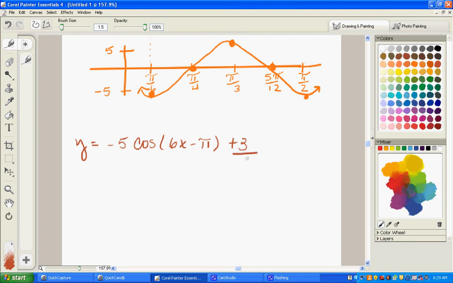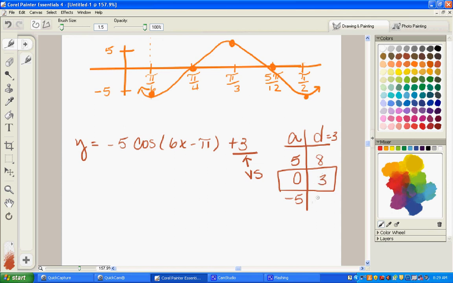What this +3 does is it gives us the vertical shift. If we know on the y-axis that our amplitude told us to use 5, 0, and -5, and of course we don't label the 0 because it's just the x-axis, then our vertical shift of 3 is going to have us move up 3 from each of those y-axis points. Sorry, not 8, -2.